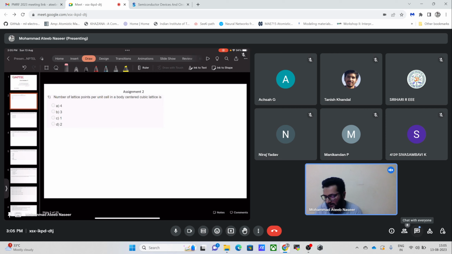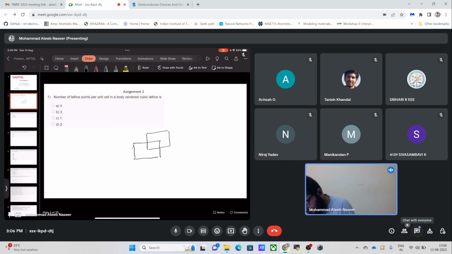Today, this is a simpler version of the problem. We have been told to find the lattice points in the body-centered cubic cell, in terms of a unit cell. So how many lattice points are there in a particular unit cell of the body-centered cubic?